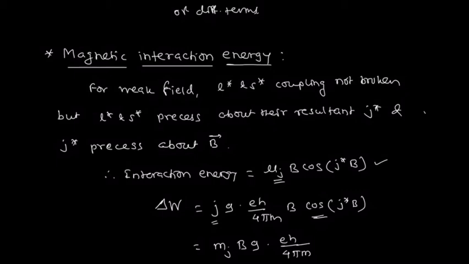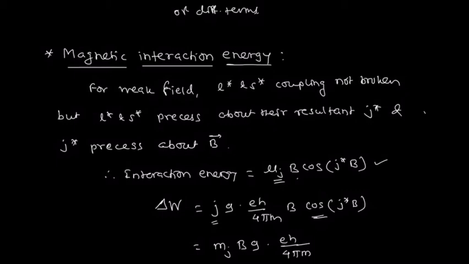Again μj, that value we found earlier, is J g eh divided by 4πm. B and the cos term are as they are. eh divided by 4πm is the Bohr magneton, or we keep it as it is here. Hence again we simplify that relation.